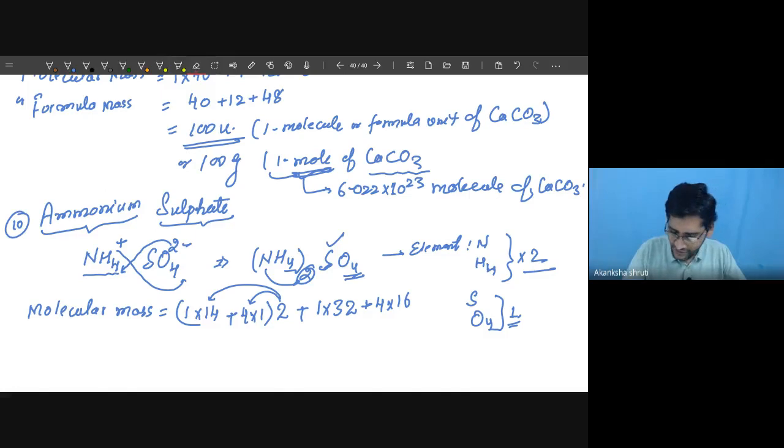Whatever way you are writing, it doesn't matter, but the important thing is whatever the suffix at the end, this 2, needs to be taken care of. This 2 is taken for this one, which indicates this 2 is for both nitrogen and hydrogen. Therefore, the masses of nitrogen and hydrogen are added, then multiplied.